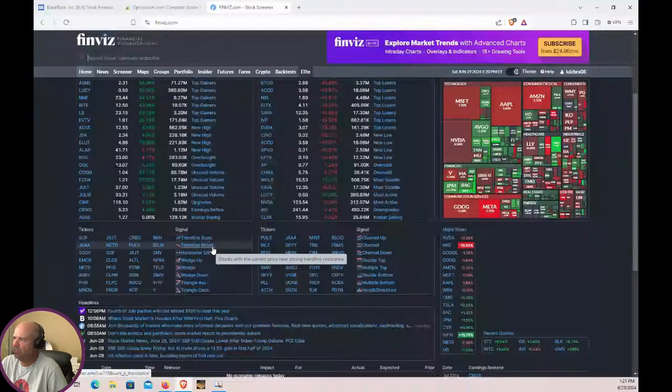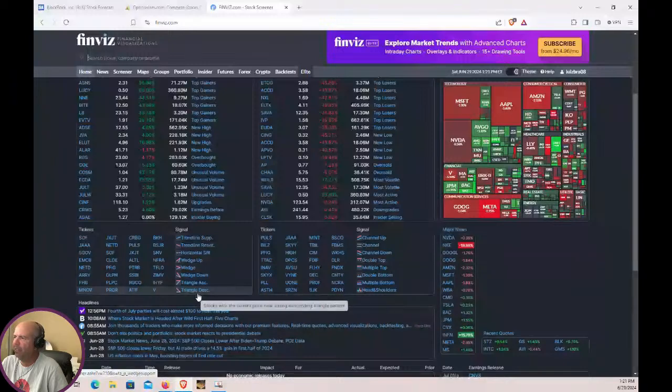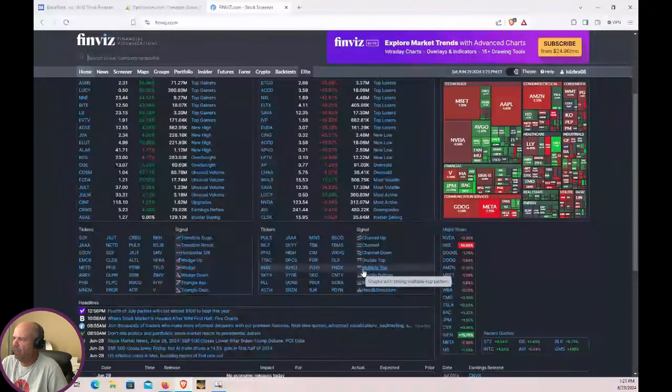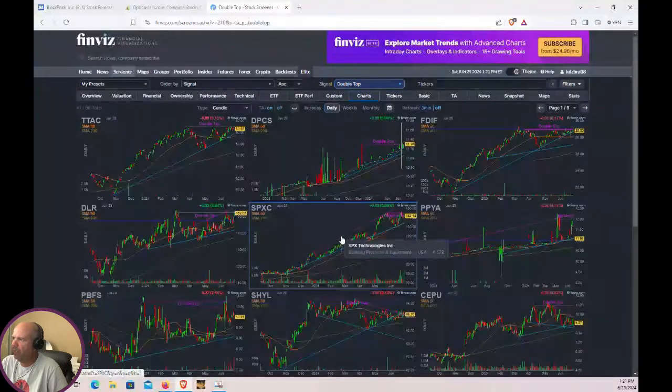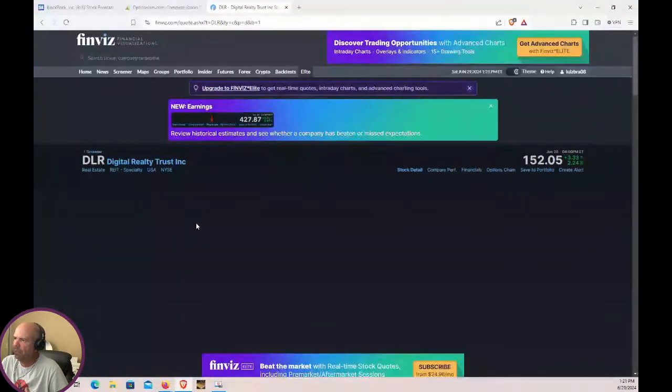And here they show the signal, the ticker, and on the left hand side, the signal that they put on, so you can see the double top. I think if you click here, double top, it shows all the companies that had a double top. So let's show this one.